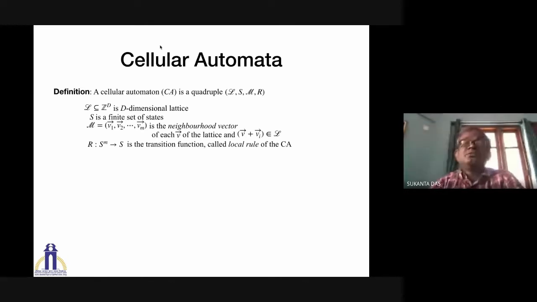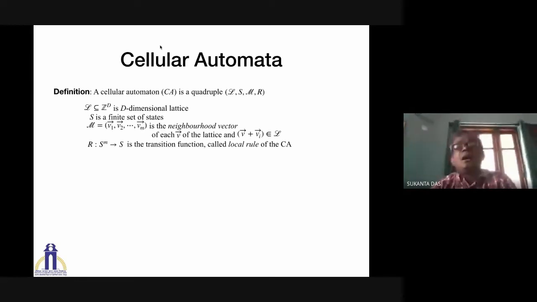A cellular automaton is a quadruple, and it has these four components: L, S, M, R. L is the lattice, a d-dimensional lattice, L subset of Z to the power d. You may recall that when we first defined cellular automata, we directly wrote Z to the power d.